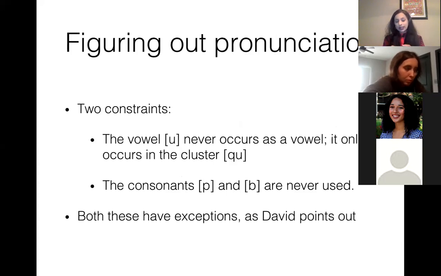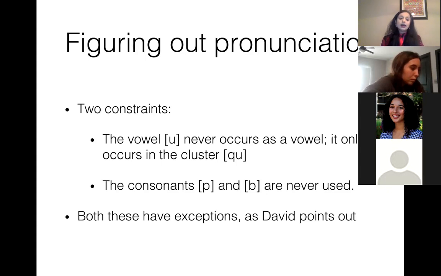The first constraint that he identified was that the vowel u never occurs as a single vowel. So you can never have a syllable where you just have the vowel without a consonant preceding it. So it always appears in a cluster formation, or it always appears with a particular consonant, and it never really occurs as a singleton vowel. So that's the first constraint that he identified from the small database that he had.